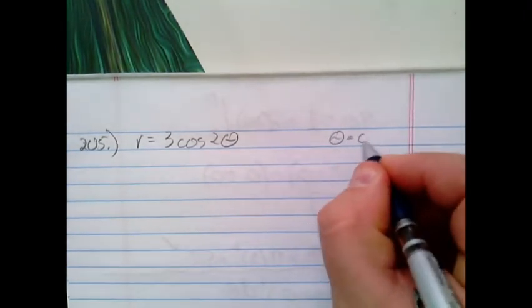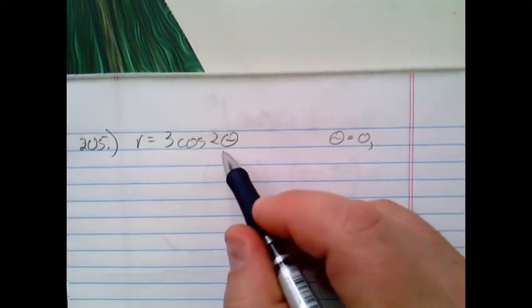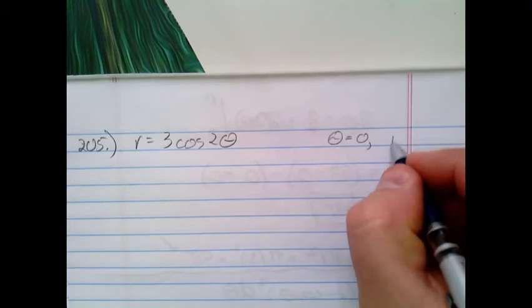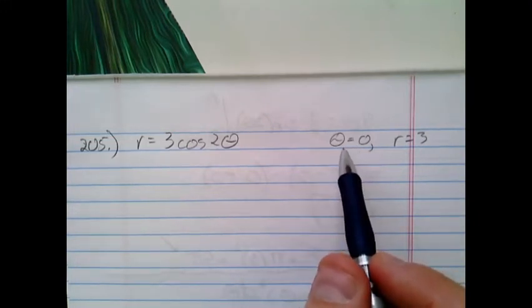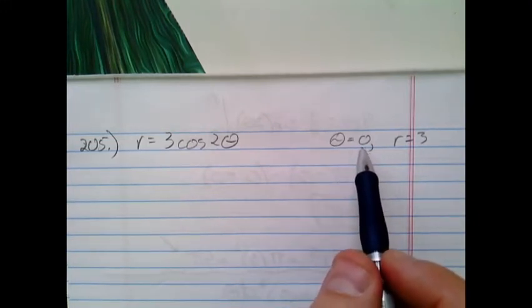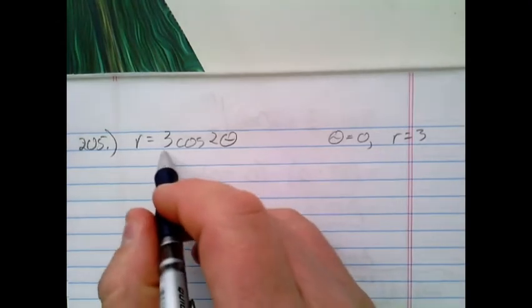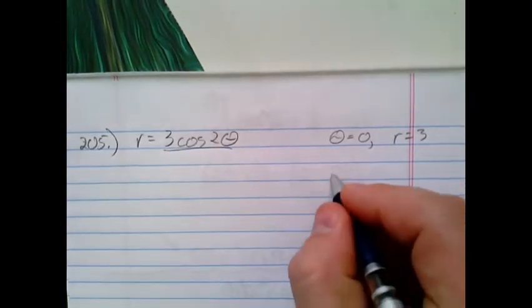When theta equals 0, well, cosine of 0 is 1, so r equals 3. So actually this thing does not start on the origin, which means we're probably not going to use that as a starting point.